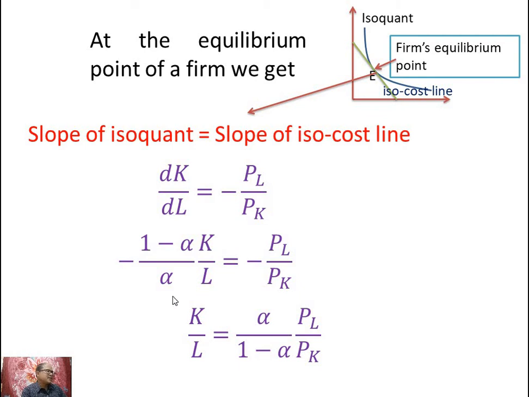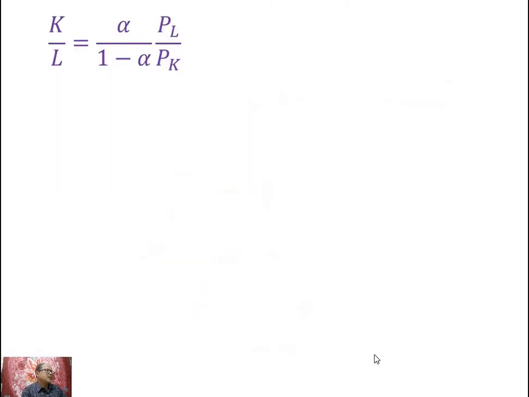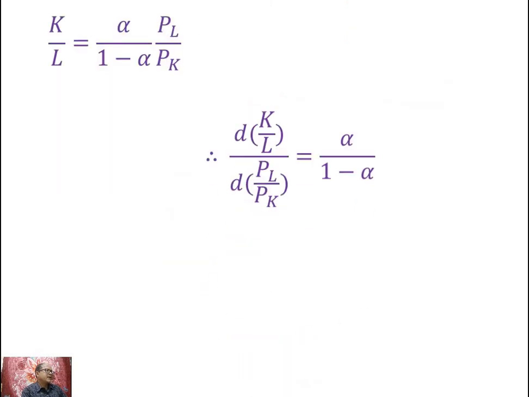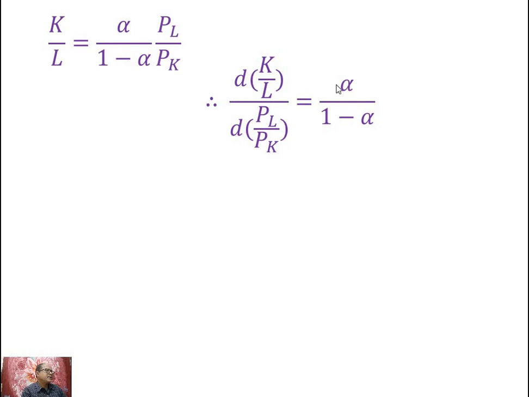After cancelling the minus sign and taking this (1 minus alpha)/alpha to the right-hand side, we get K/L is equal to alpha/(1 minus alpha) into PL/PK. So differentiating K/L with respect to PL/PK, we get alpha/(1 minus alpha).